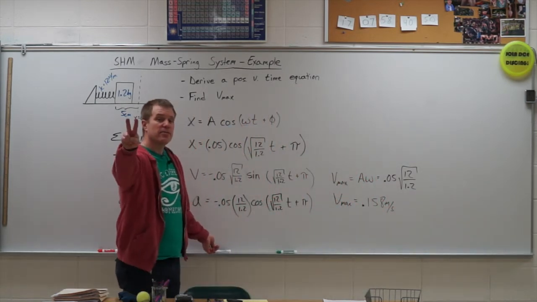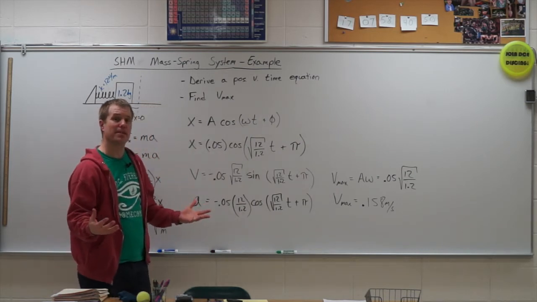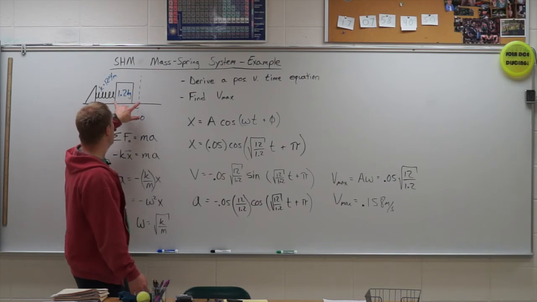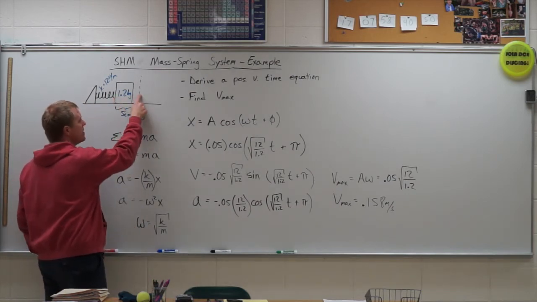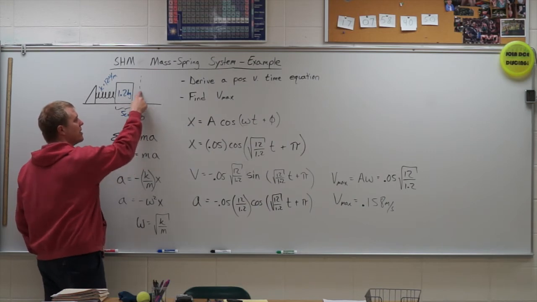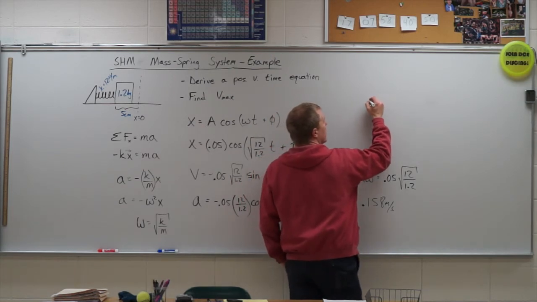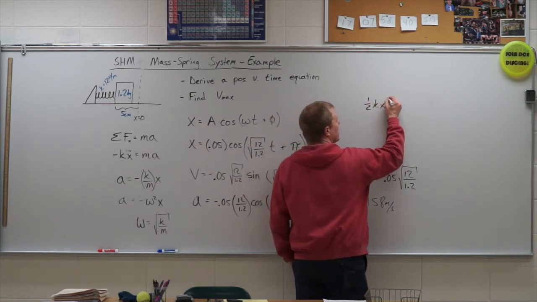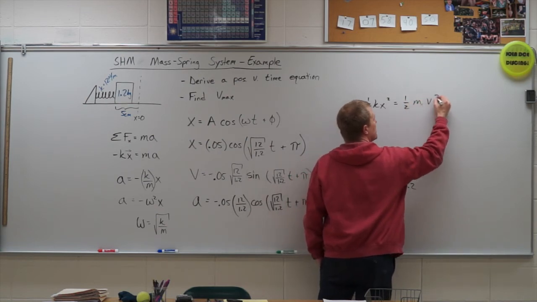There is a second way to do this. You can set up an energy problem here. I have elastic potential energy at this point, and at this point, when x is 0, I don't have any elastic potential energy. I have all kinetic. You can set that up by saying that 1/2 kx squared is equal to 1/2 mv squared.